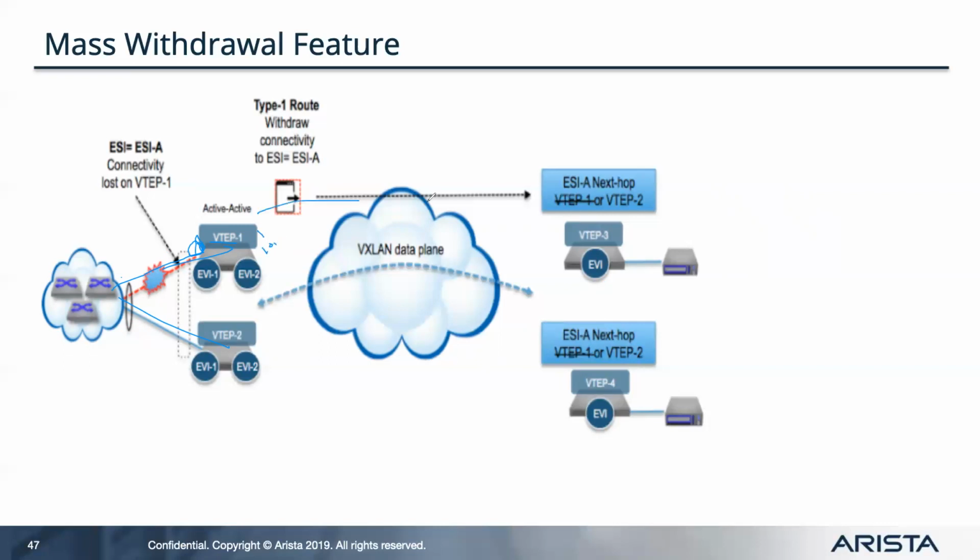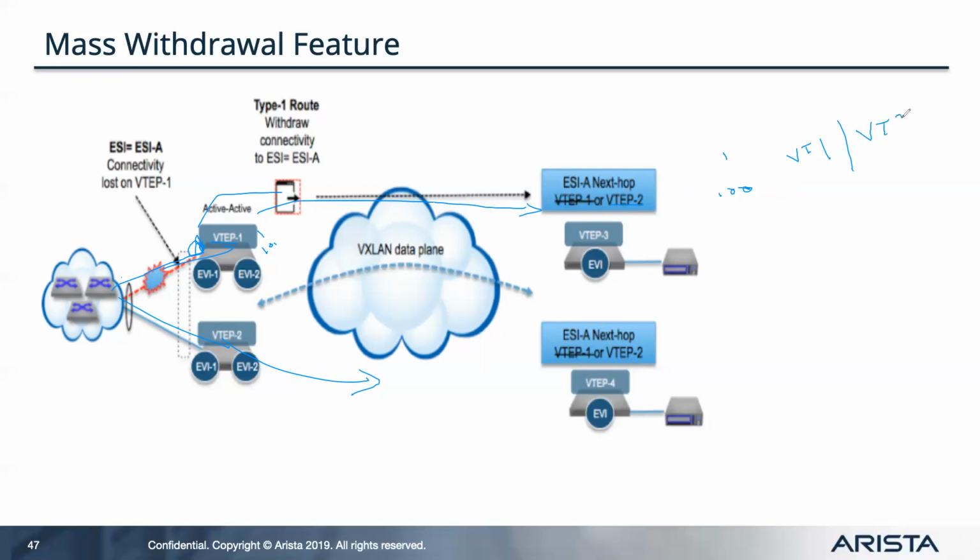You send out a type 2 update message that, hey, to reach 1 to 100, you have to send traffic to VTEP 1. Now, you also send out a type 1 update, this guy also, saying that, hey, we both belong to the same Ethernet segment. So basically now VTEP 3 will know that to send to MAC addresses 1 to 100, we have two paths, VTEP 1 and VTEP 2.